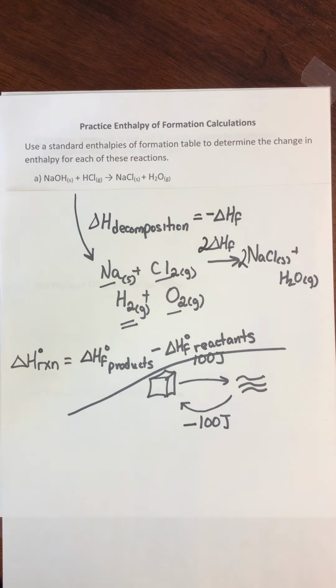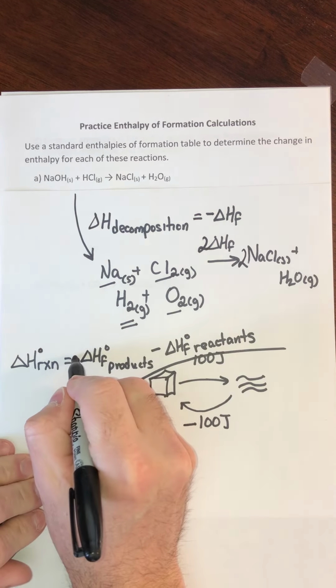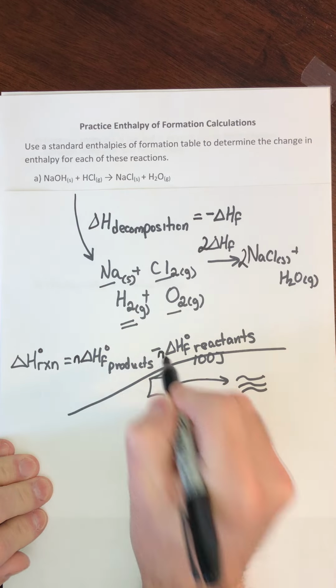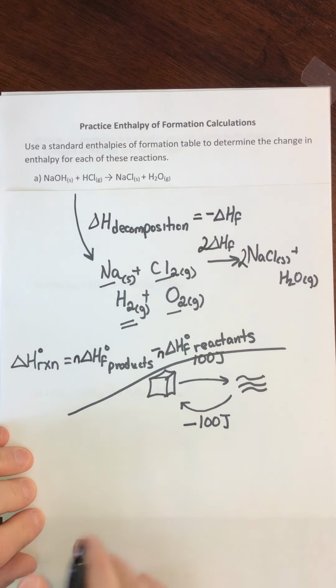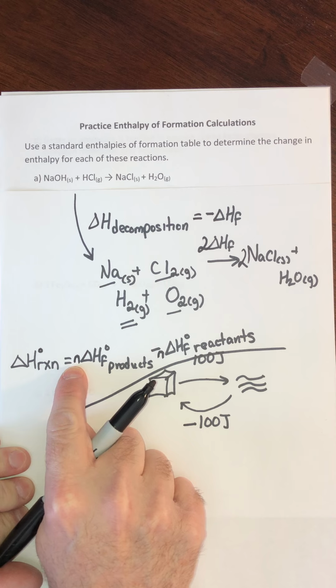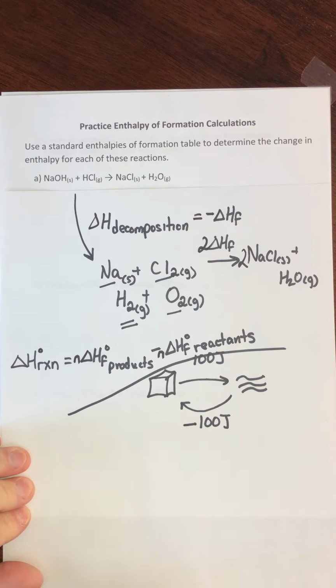Think of it like campfires. If you burn twice as much wood, you should get twice as much heat. So these reactions do tend to have coefficients in front of them, because if you make more than one of them, you will have to multiply by how many you're making or how many you're taking apart.